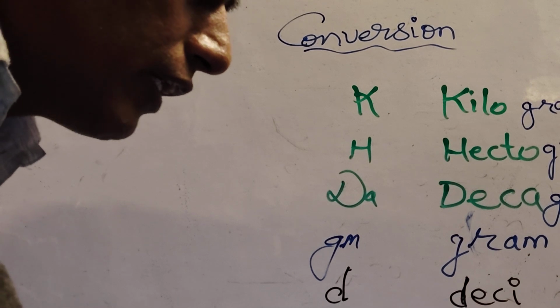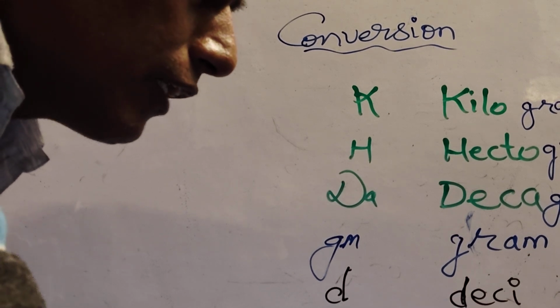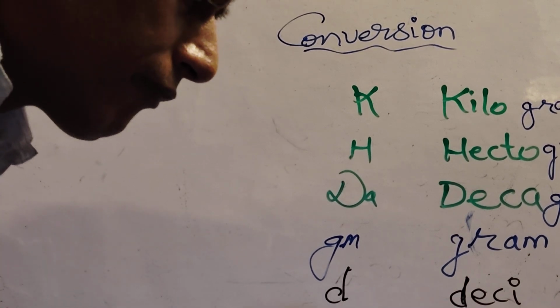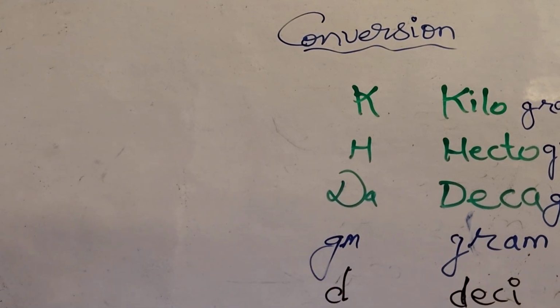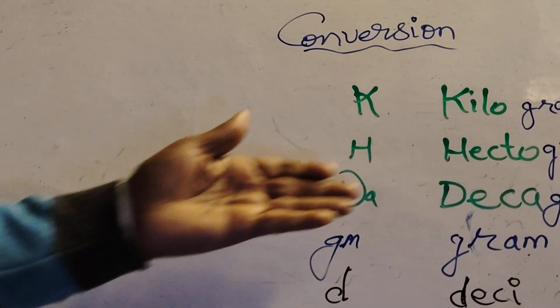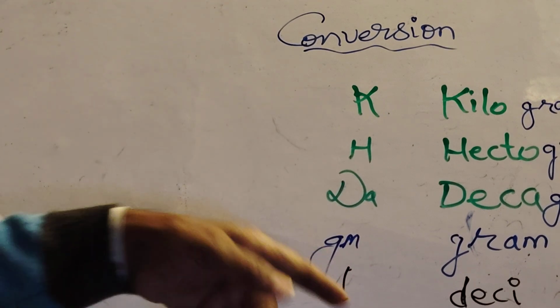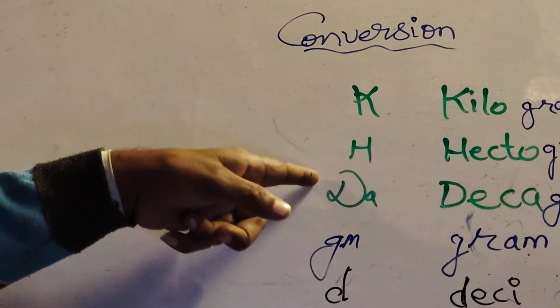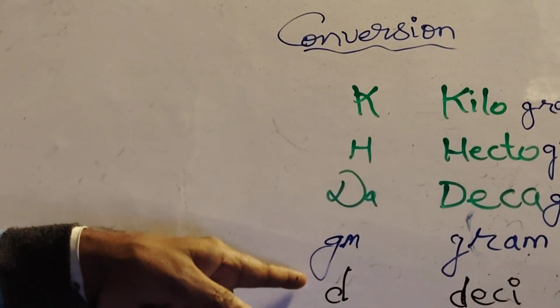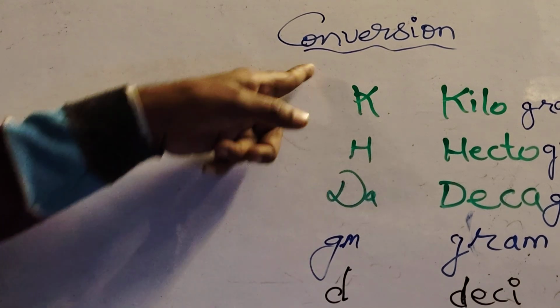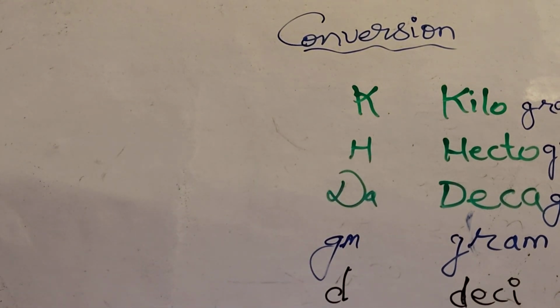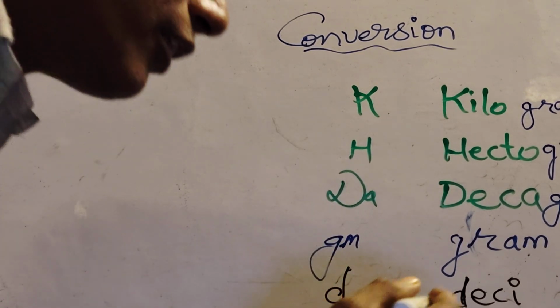Next smaller is milli, and its symbol is small m. So below the gram, all have small letters, like capital D for deca. Bigger than gram is capital, and smaller than gram is a small letter.